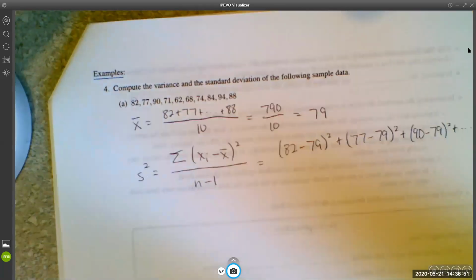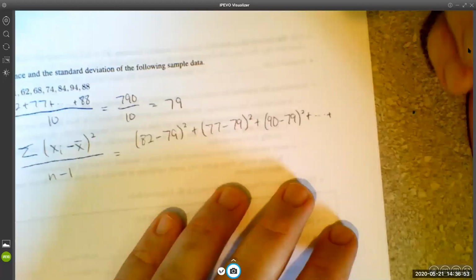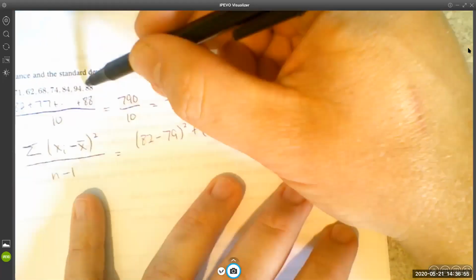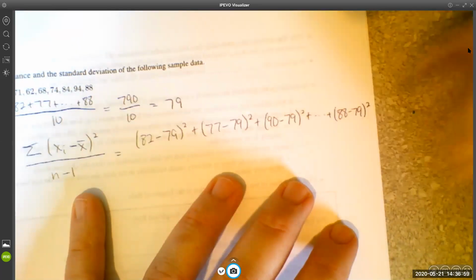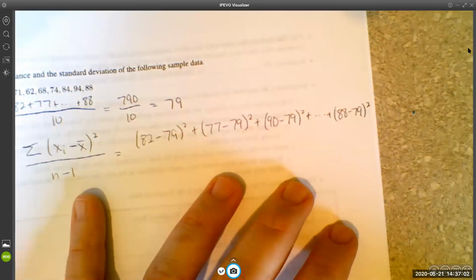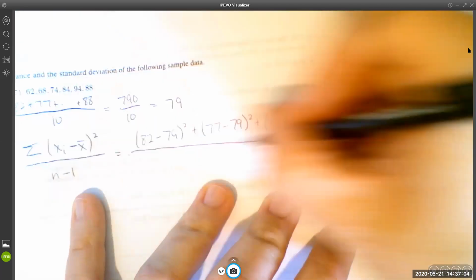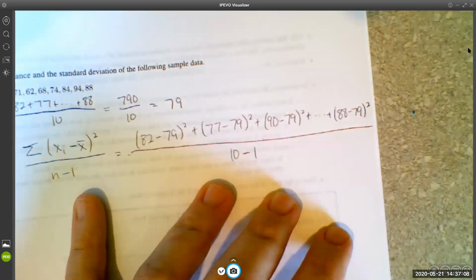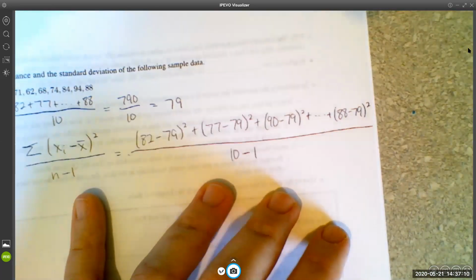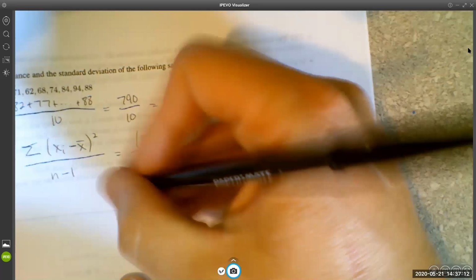And then we'll do this all the way until we get to the end of the list, which is 88. So we will do this all the way up to 88 minus 79 squared. And then we're going to divide that entire thing by our sample size minus 1. Okay? So let's see what we get now.